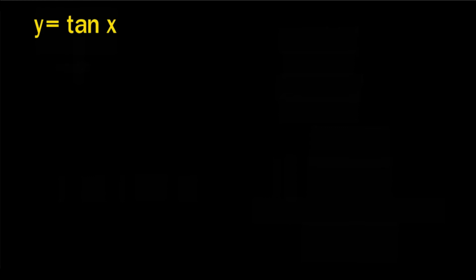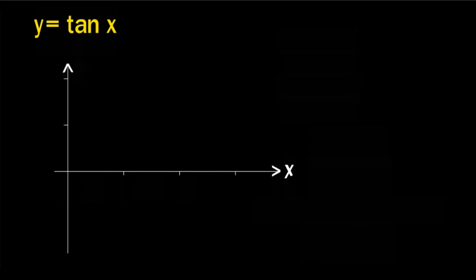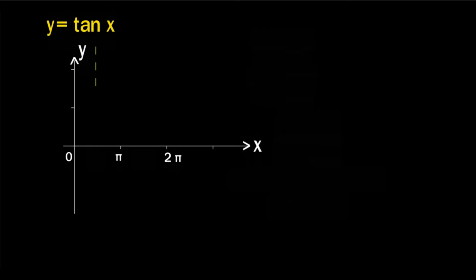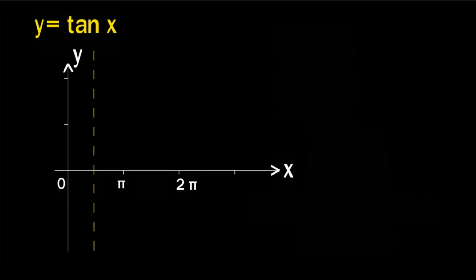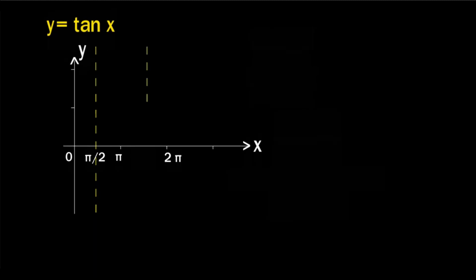So let's try to draw tangent x. Now let's say we have tangent x. The key data point here is we first need to draw out the y-axis and x-axis, and we split it into pi over 2, pi, 3 pi over 2 and 2 pi.